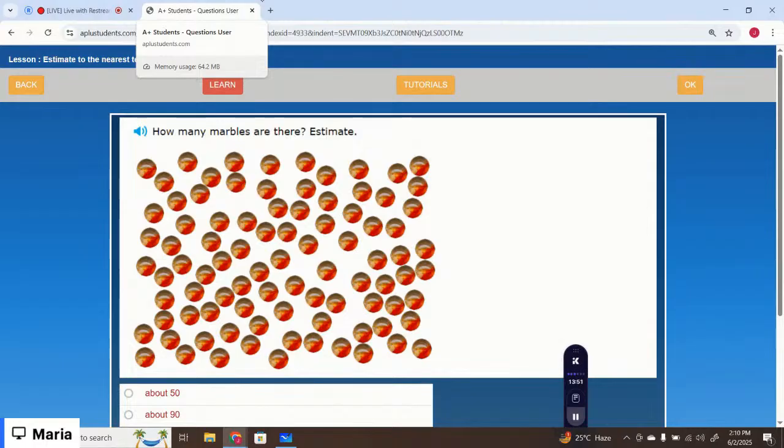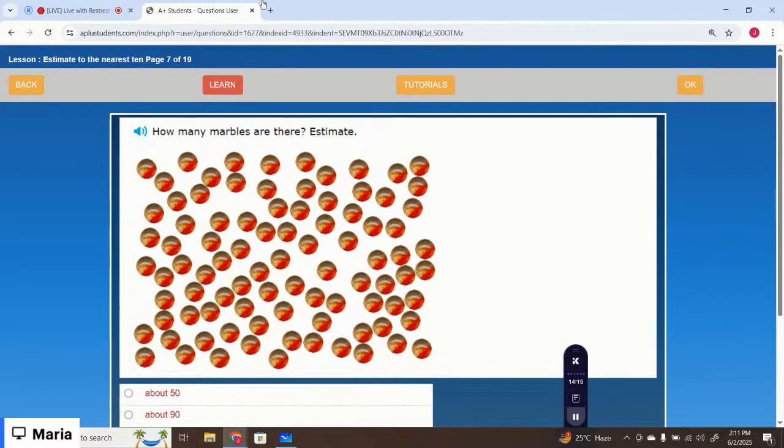How many marbles are there? Estimate about 50 or about 90, which is the correct option? They are about 90.